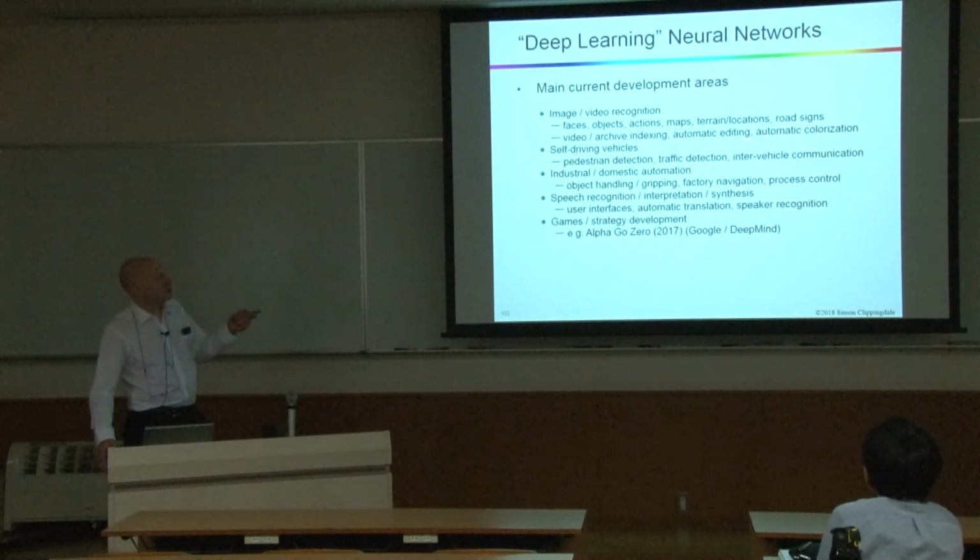Automatic colorization is an interesting one, which people I work with are doing some work on, because there's still quite a lot of old monochrome black and white video around, or film actually, in archives.